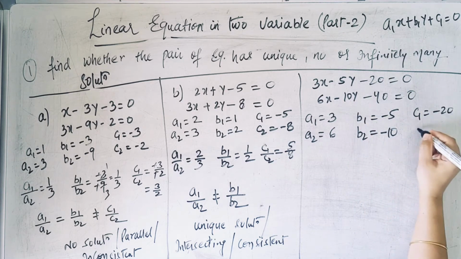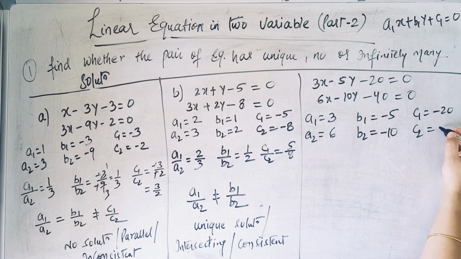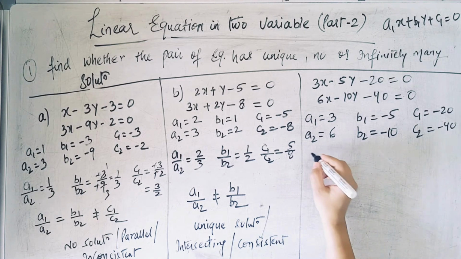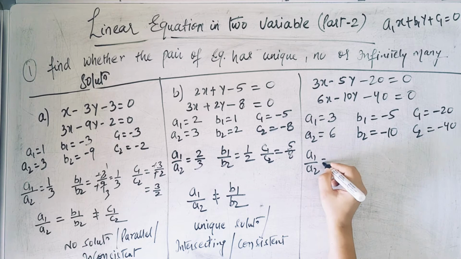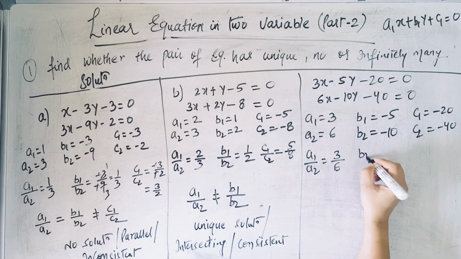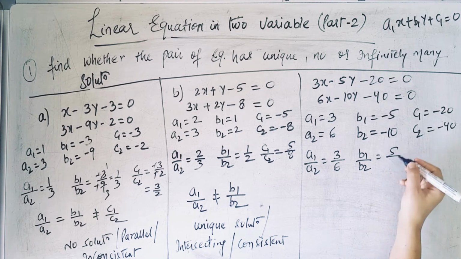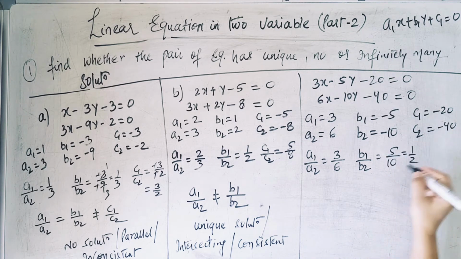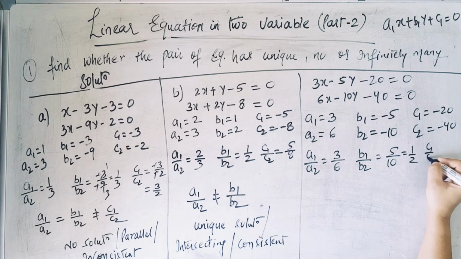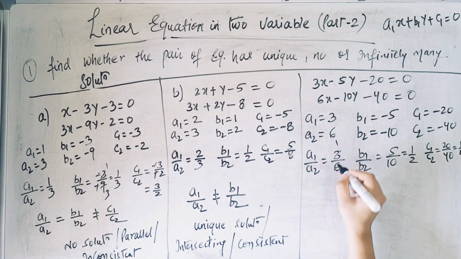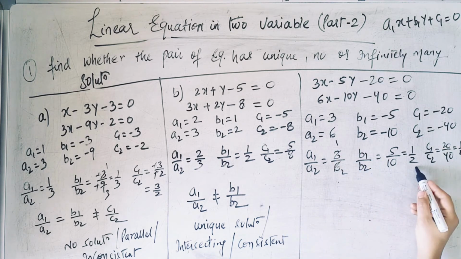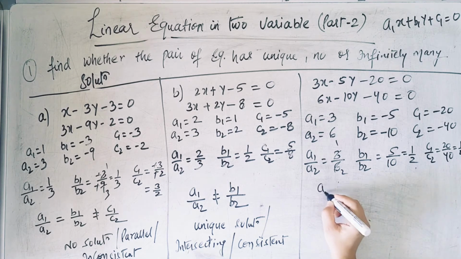C1 is the constant term of the first and C2 is the constant term of the second equation. So A1 by A2 is 3 by 6. B1 by B2 is minus minus 5, that means plus, 5 by 10, so we'll get 1 by 2. Similarly, C1 by C2 is 20 by 40, so we'll get 1 by 2. Now see, this is also 1 by 2. 1 by 2, 1 by 2, 1 by 2, everything is equal.